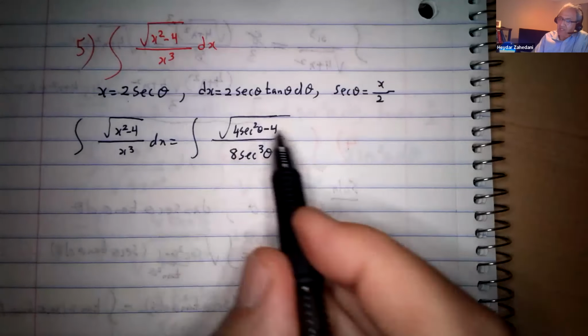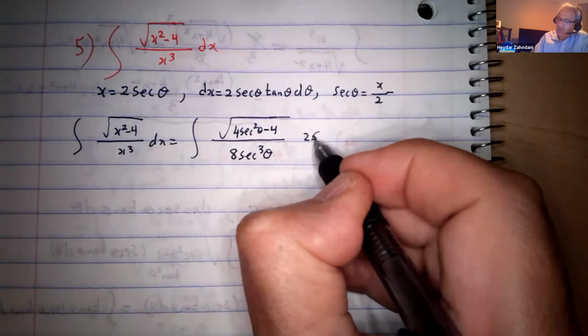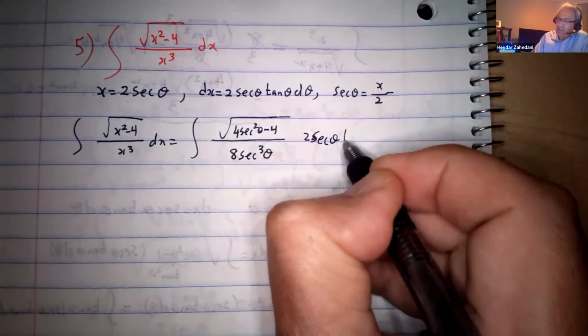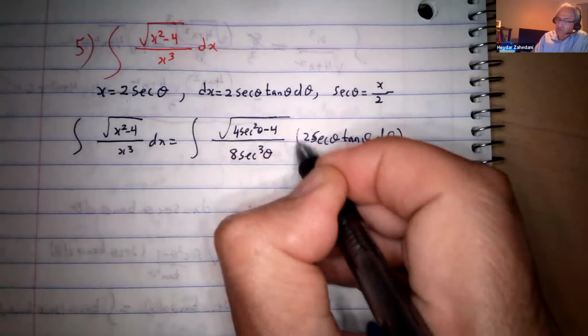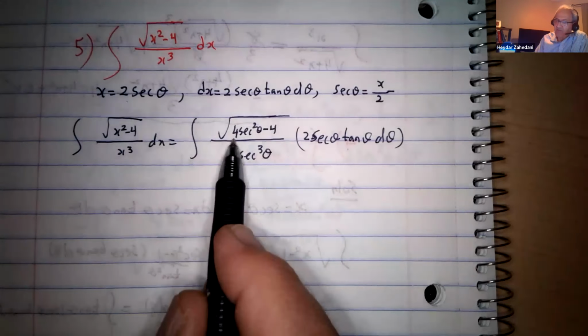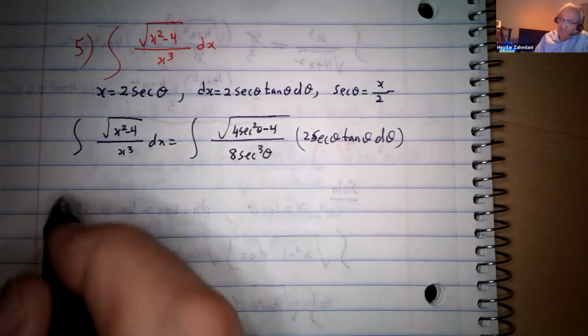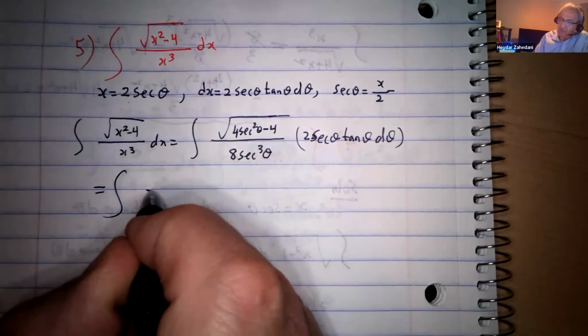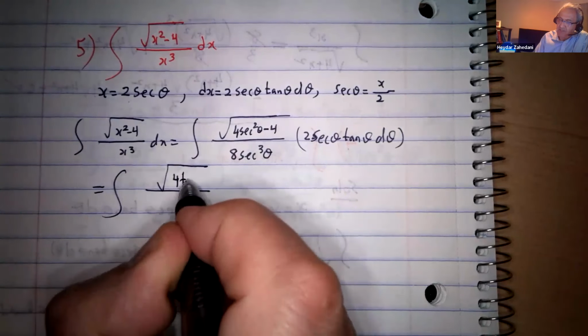Then you have the dx, and the dx is 2 secant theta tangent theta d theta. Just make sure you don't miss the 2. Now inside, you factor out the 4, that gives secant squared minus 1, which is tangent squared. So it's going to be the square root of 4 tan squared.